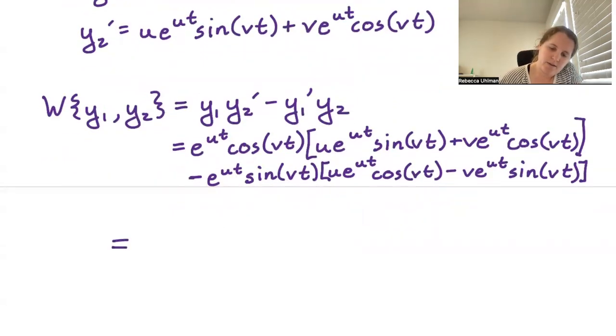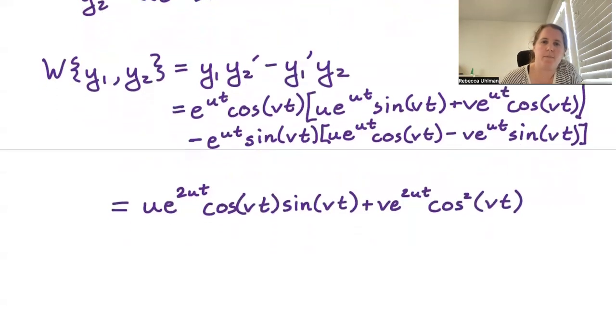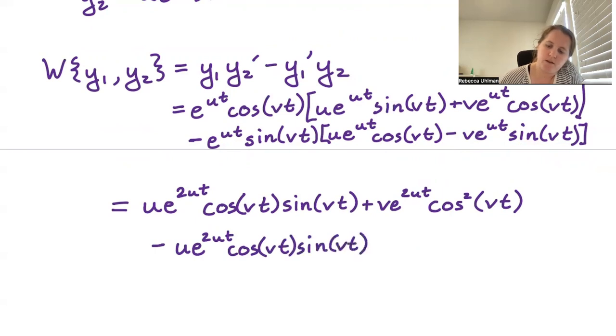This becomes u e to the 2ut cosine of vt sine of vt plus v e to the 2ut cosine squared of vt minus u e to the 2ut cosine of vt sine of vt plus v e to the 2ut sine squared of vt.